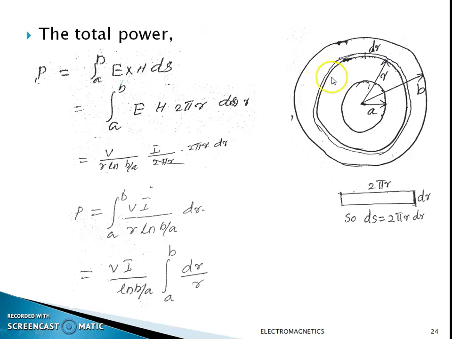Here the lower radius, that is the radius of inner conductor is A, to the outer conductor whose radius is B. So we take the power P is equal to integral A to B E cross H ds. This E cross H is equal to EH because E and H are orthogonal to each other. Then E cross H is equal to EH sin theta, that is sin 90. Sin 90 is equal to 1. Then E cross H is equal to EH.